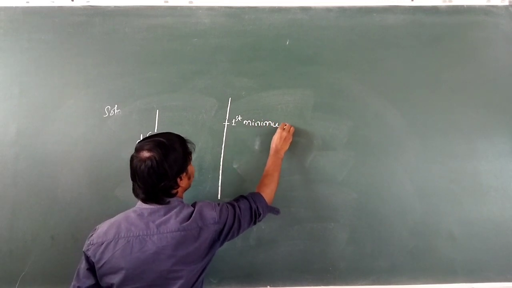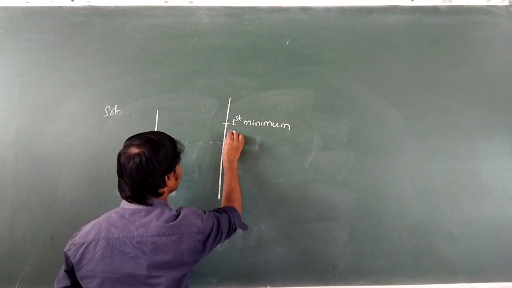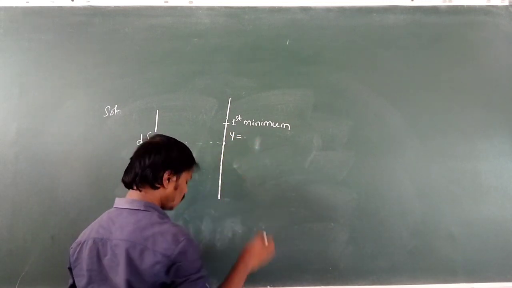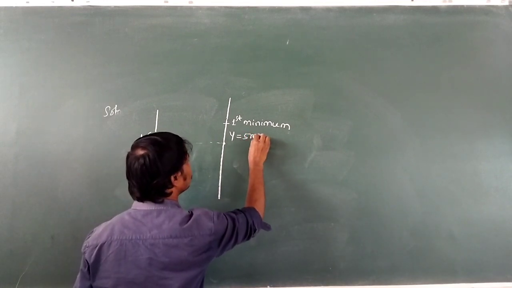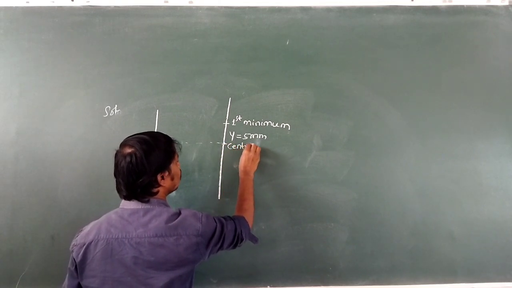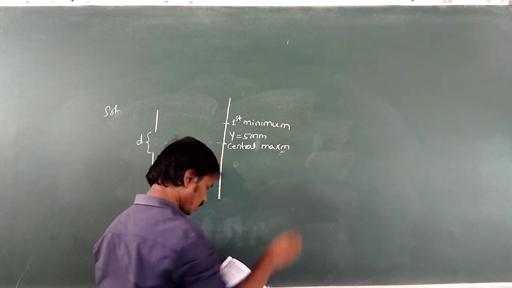And which lies at a distance, means linear position given, that is y is equal to, so how much is given? 5 millimeter from the central maximum. It is the central maximum. Okay.